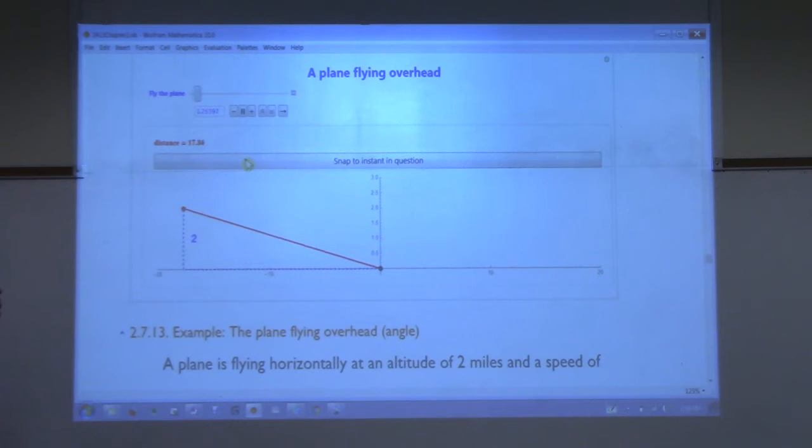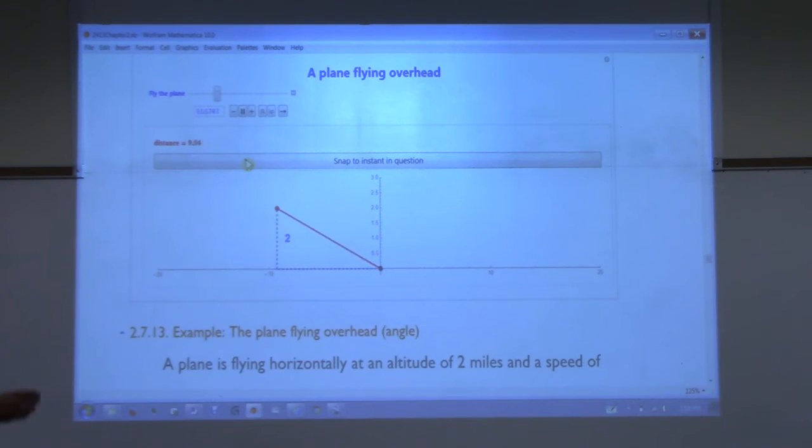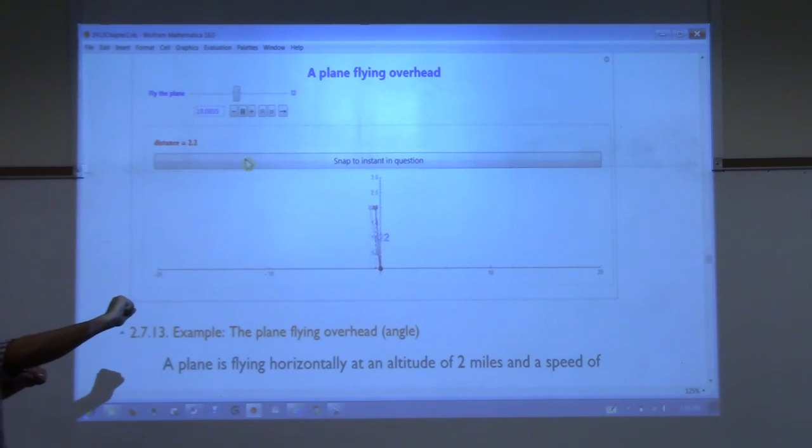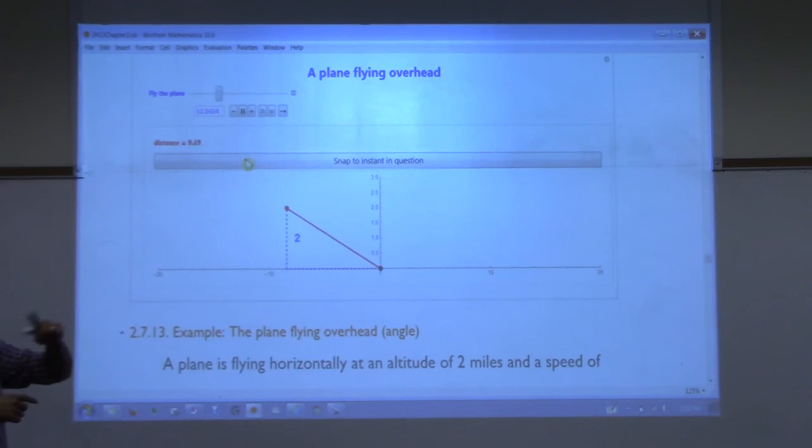And the question in this problem is that at a specific instant, like right there, how fast were they moving apart from one another? Because it's not always the same, just like the runner on the track. If you were to set this problem up, what geometry do you think you would be using? Right triangle, right? The right triangle.